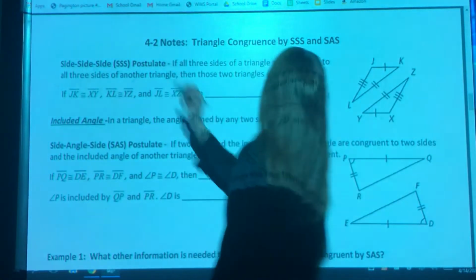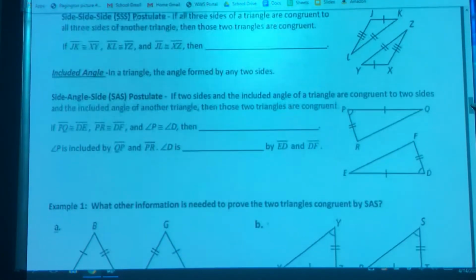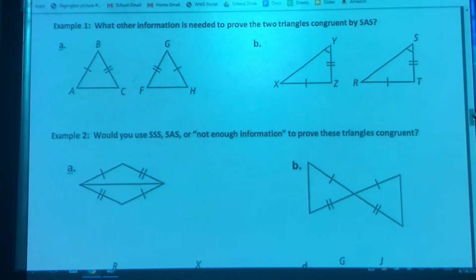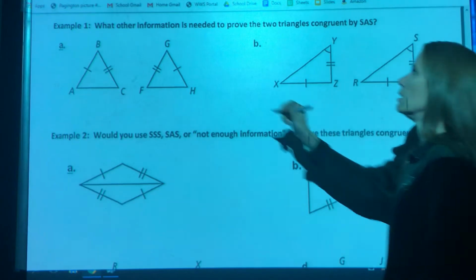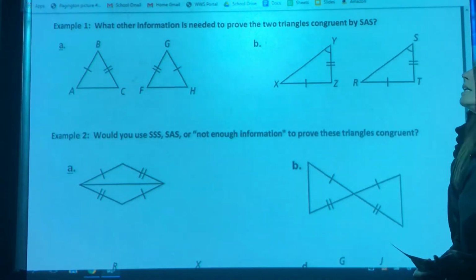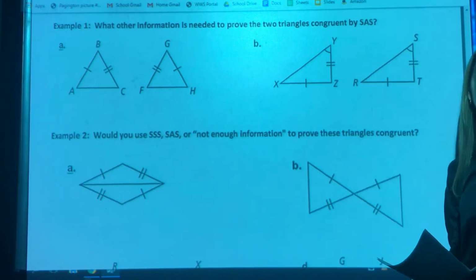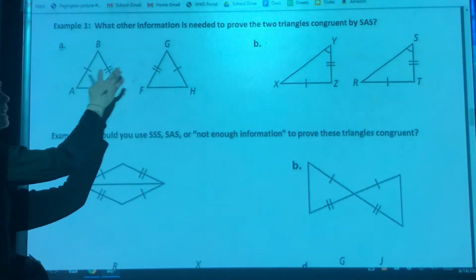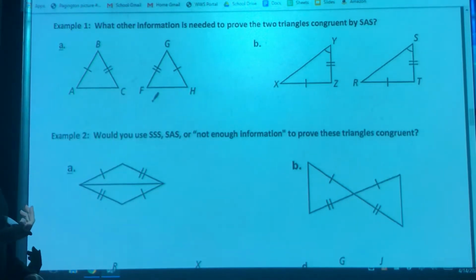So on example 1, it says what other information is needed to prove the 2 triangles congruent by side angle side. So I can see 2 sets of sides are congruent for each triangle, but I need to know 3 pieces of information.